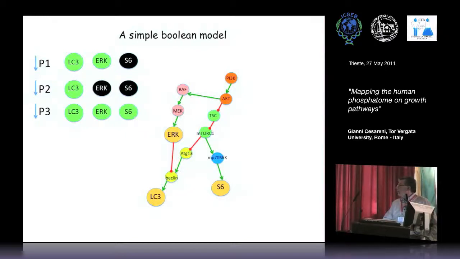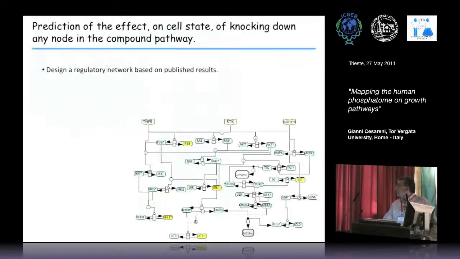Everybody can do this type of reasoning on this simple network, but if we go to the real network, we need some help from computation, because even Francesca cannot place phosphatases in networks as complex as this. So in our approach, what we did first is look at the literature, use our biological wisdom, talk to friends, use databases, and assemble a network representing what we think is relevant for the type of things that we are studying.